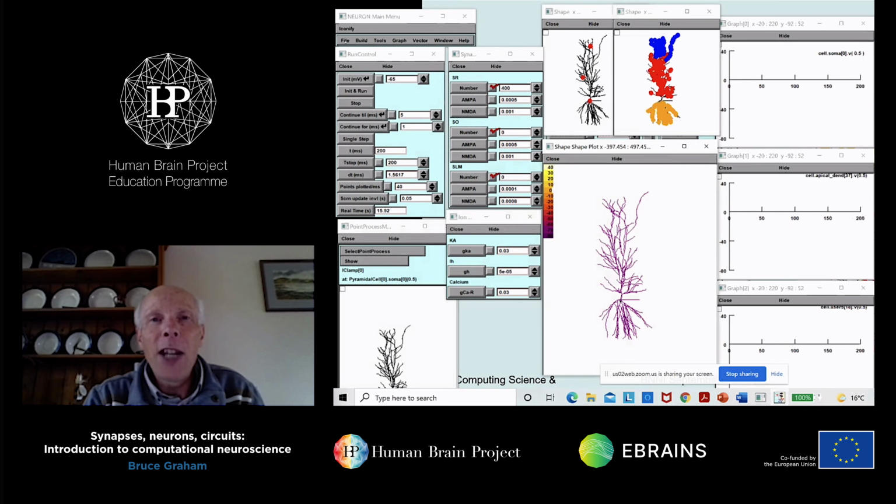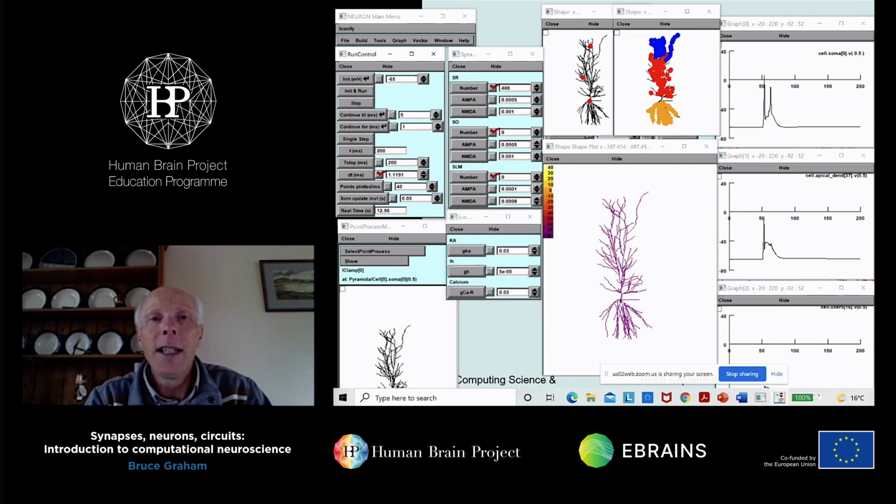So this is a simulation built using Neuron. You see lots of little windows and pictures of the cell. I'm just going to run this now. Hopefully it'll do what I want it to do. So what we're seeing is the membrane potential on the right-hand side, 3 recordings from the 3 red dots here.